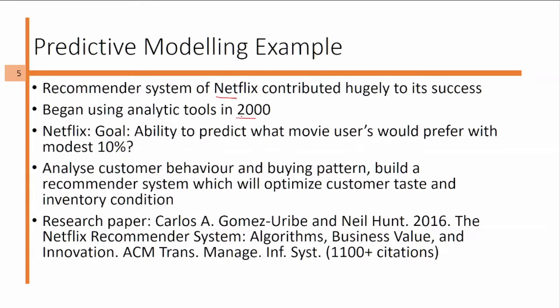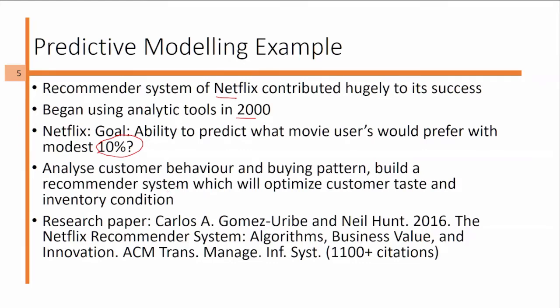Their idea was to predict which movies users would prefer to watch. Their prediction goal was very modest, 10%. Even with such a low prediction accuracy, they could build millions in terms of money, in terms of resources.